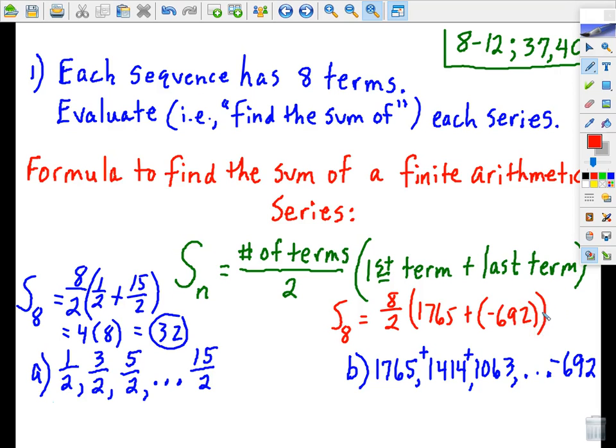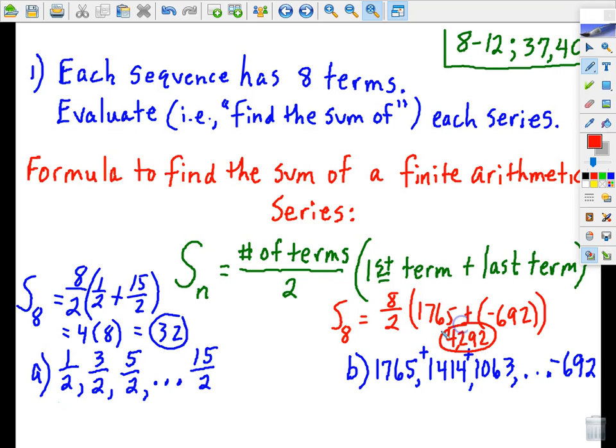If you need to grab a calculator, we'll do the parentheses 1765 minus 692, and that number times 4 is 4,292, so that would be the answer for the sum of that series.